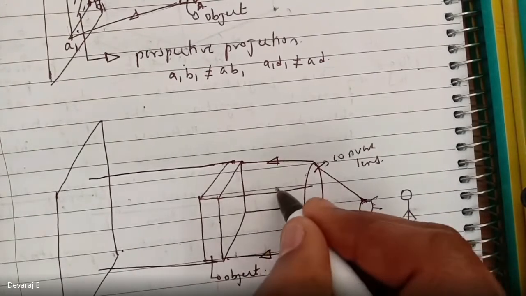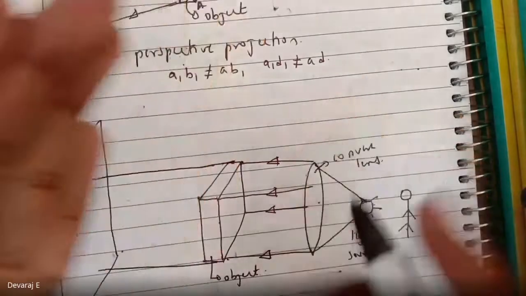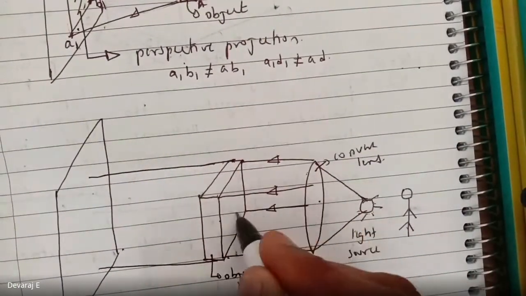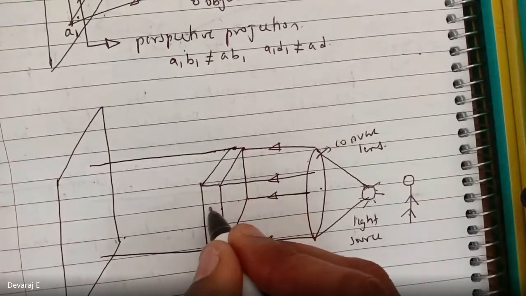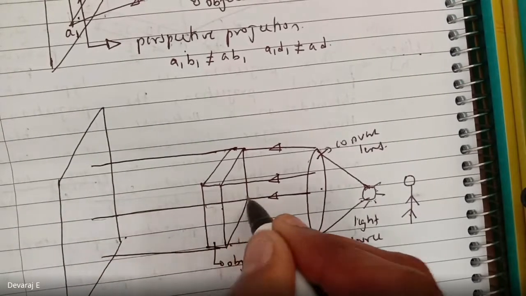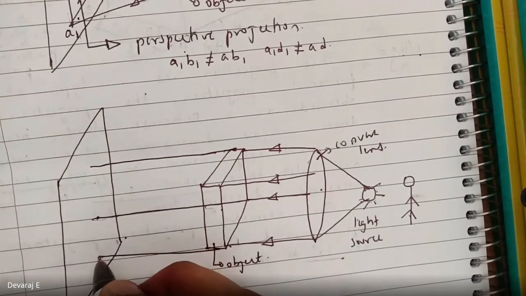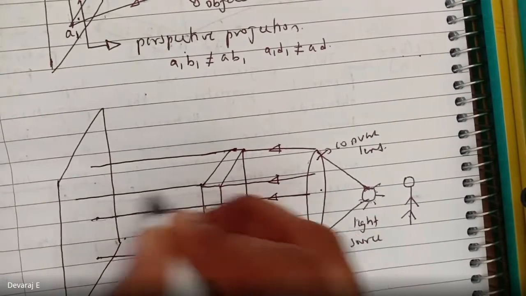The rays coming out from the convex lens initially, the distance will be very less, so directly they will go and fall on the object. Then they will follow the straight path. See here, this is 1, 2, then 3, 4.